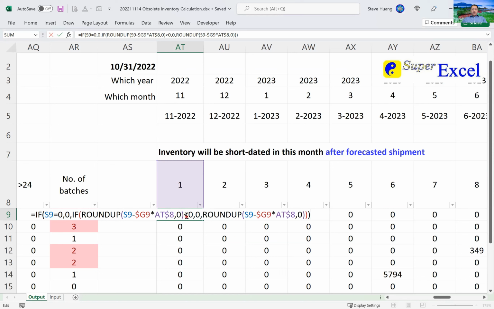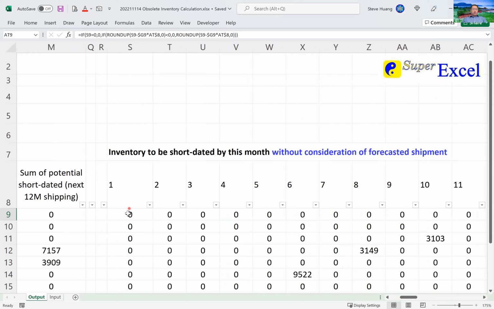So her formula over here is trying to show, at the end of the first month, how many units of that first item inventory will be short dated. From the first block, we know in the first month no inventory will be short dated. The expiration date is far in the future.